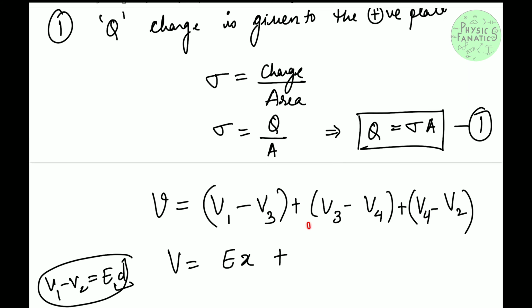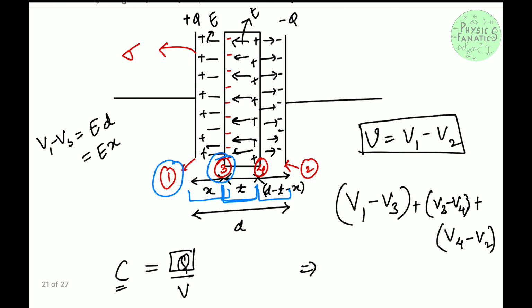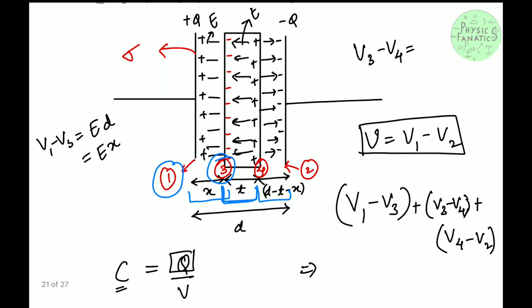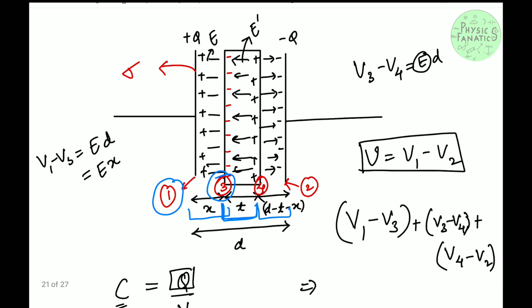Let's talk about V3 minus V4. What happens to your V3 minus V4? Basically we are talking about the dielectric medium here, or the dielectric material, right? Obviously I can write it as E times D, where E is the electric field inside. Now you have to understand, inside my dielectric material, I have E dash as my electric field.